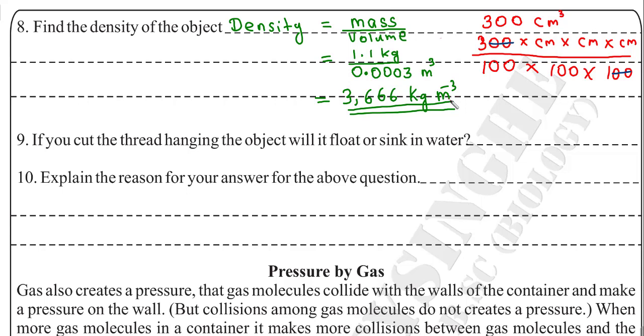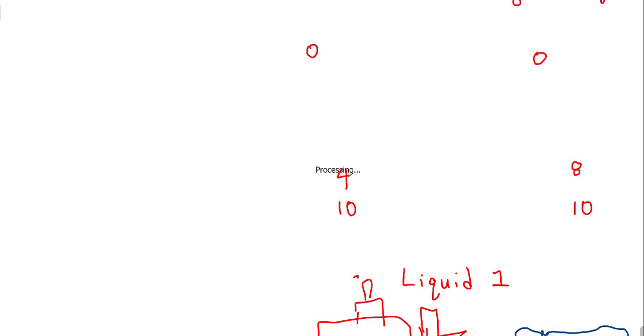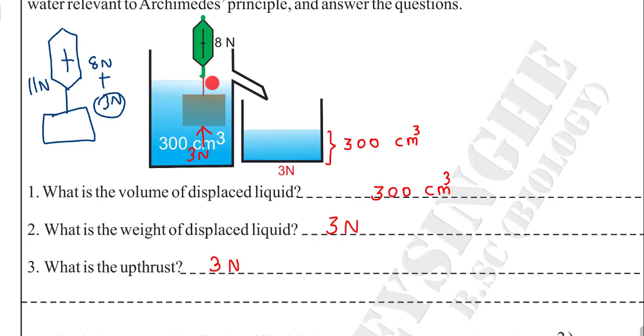What's happening, children, then? It's a very nice thing, because I have designed these questions to explain the basic theory. If you cut the thread hanging the object, will it float or sink in the water? Right? I'll show the other page. If you cut this thread, children, is it floating or sinking in water?